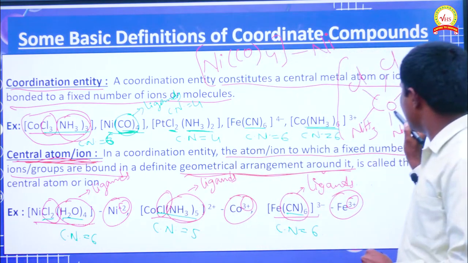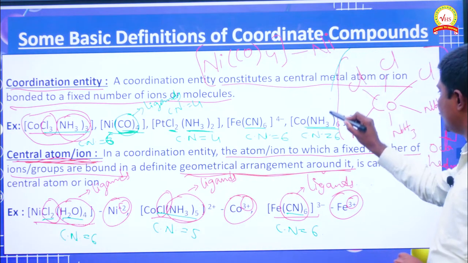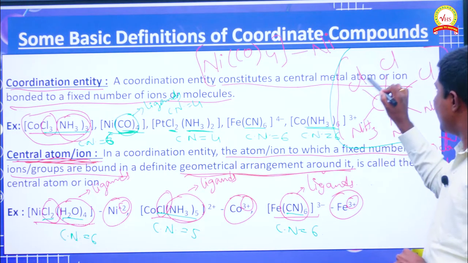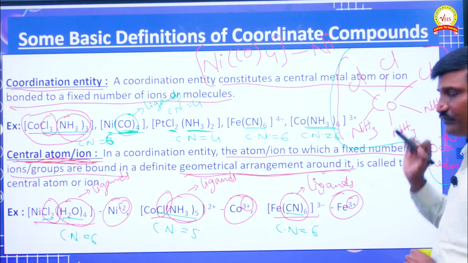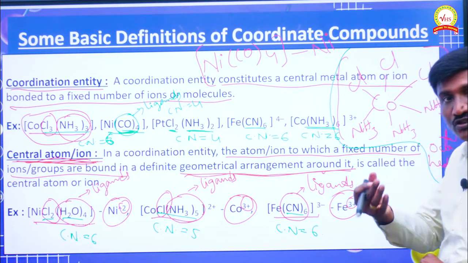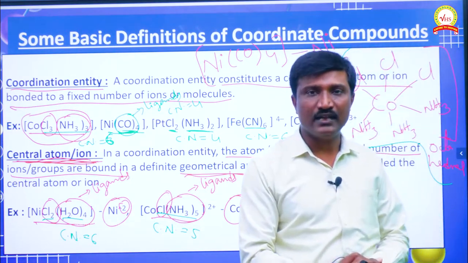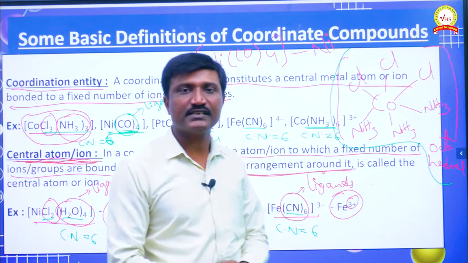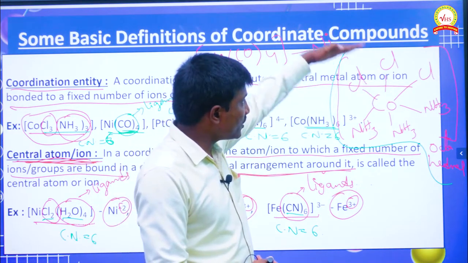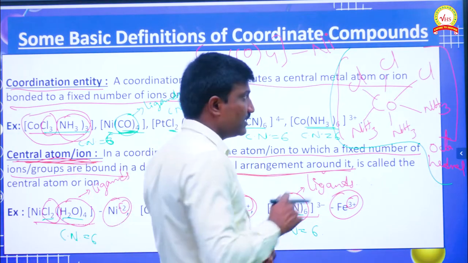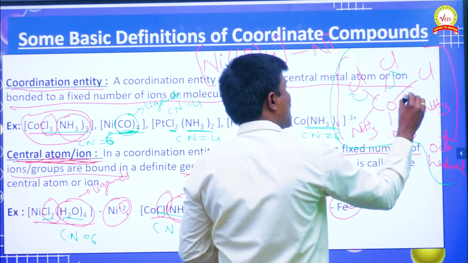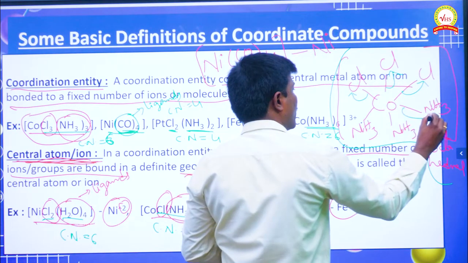Now let us come back to this structure. In this, cobalt is binding to 6 ligands. If I remove those 6 ligands from the cobalt, these 6 ligands take their electrons, which were given to cobalt.